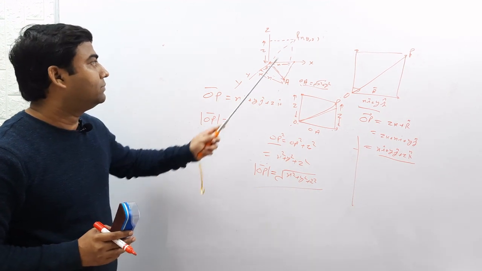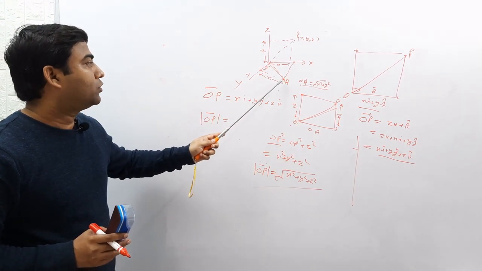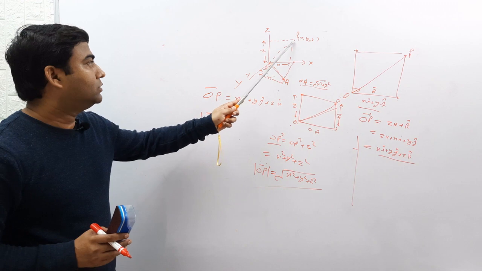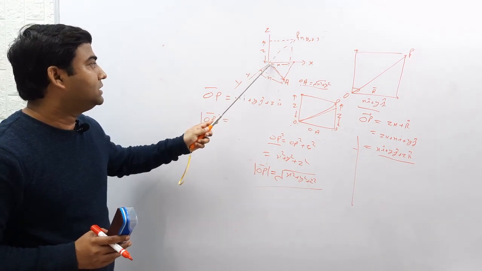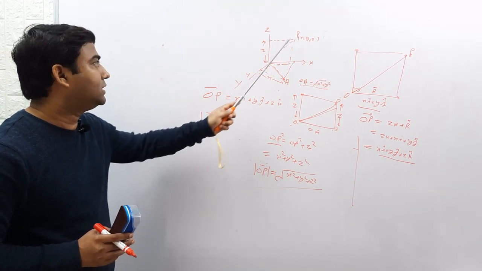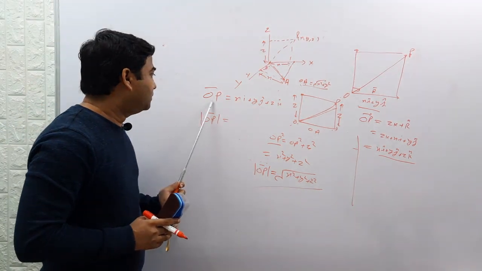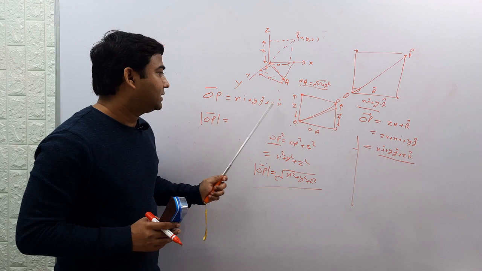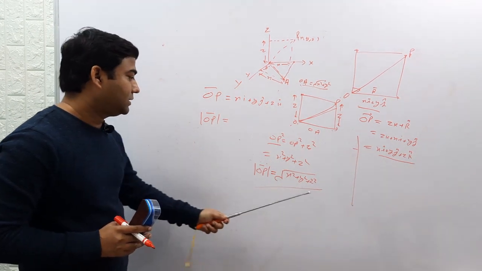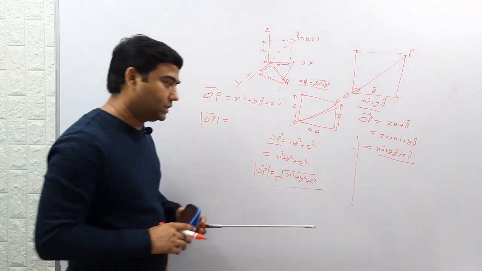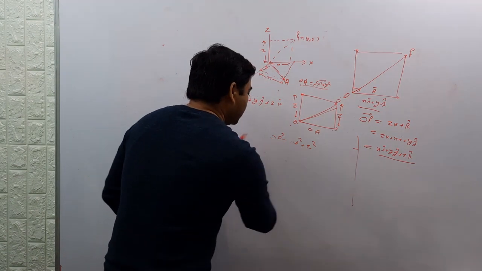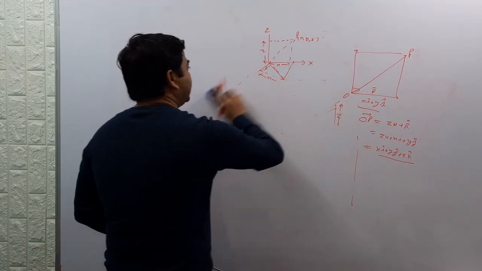By Pythagoras theorem, we found the distance OP. This distance OP is the magnitude of the position vector of point P with respect to O. OP vector is xi plus yj plus zk, and the magnitude of this vector is under root x square plus y square plus z square. So we have found the magnitude of the position vector.